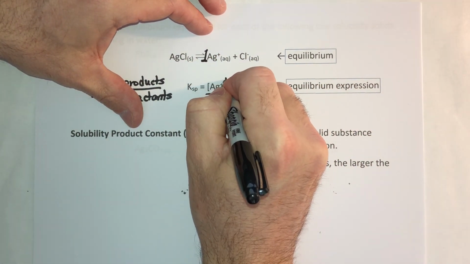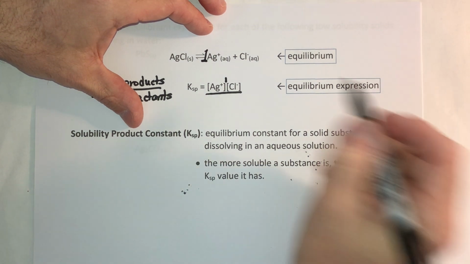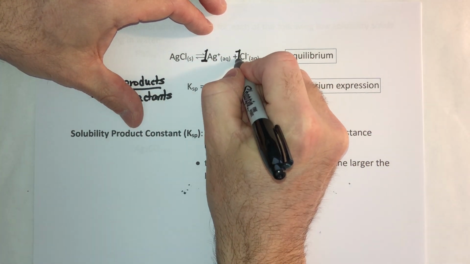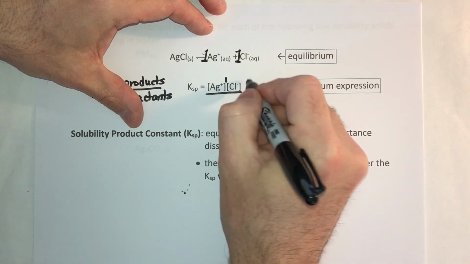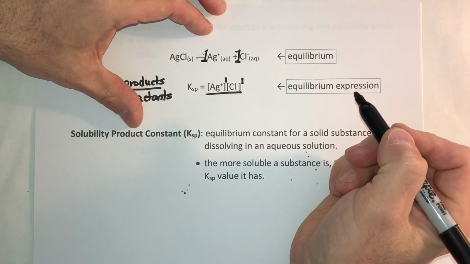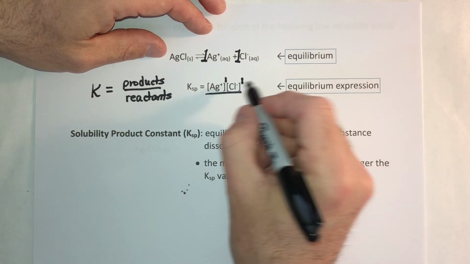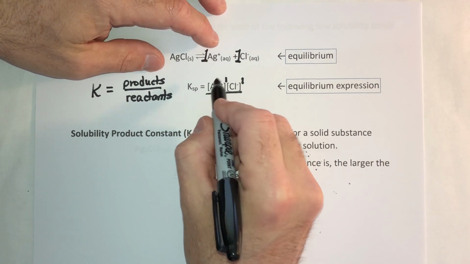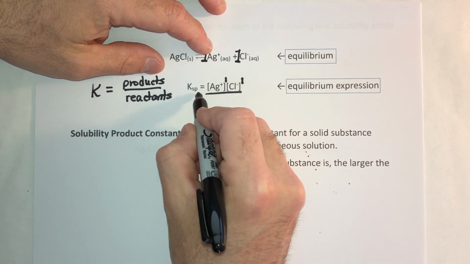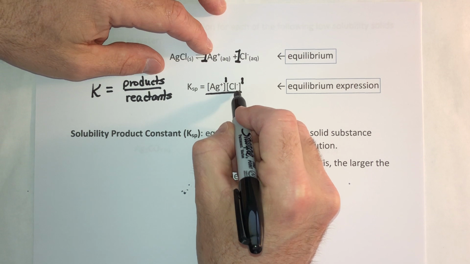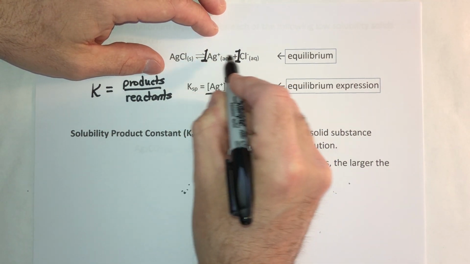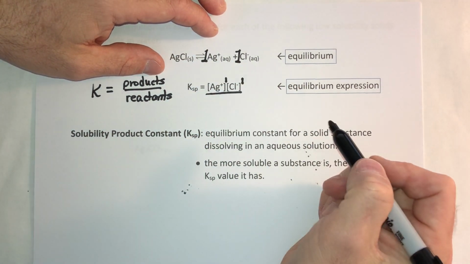This is actually silver to the power of 1. When I balance this equation, because there's 1 chloride, the power here is 1. So that's my products, both as concentrations, in square brackets, using the numbers that balanced the equation as powers.